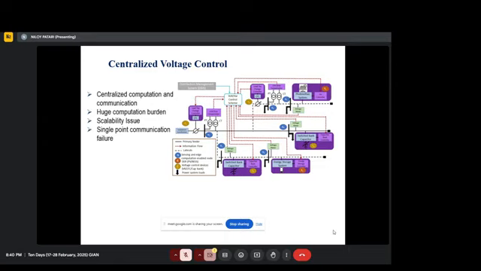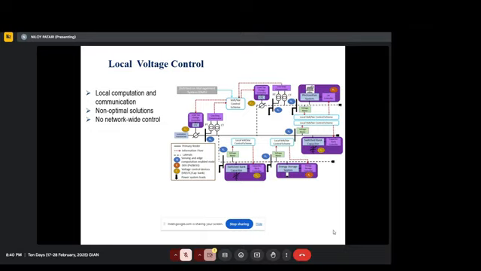Otherwise, scalability can be a problem. And the other problem is single point communication failure, right? If a certain measurement or communication in a line that is very important for computation of these variables goes out, then there is a problem, because centralized architecture depends a lot on communication infrastructure.